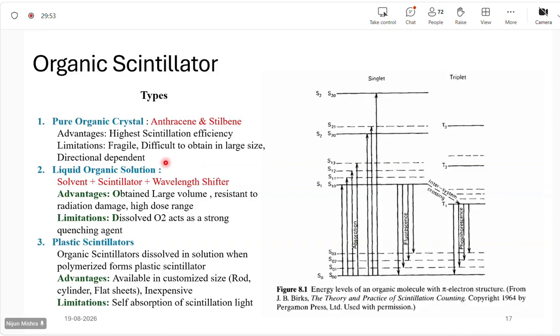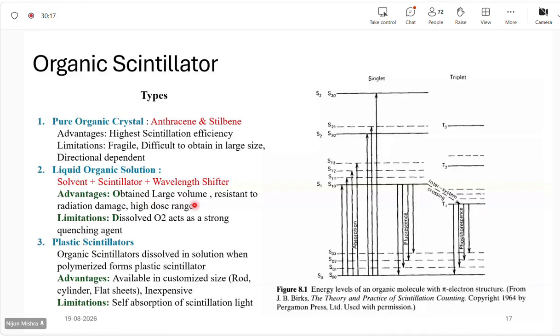Then come to the liquid organic solution. Normally in a liquid organic scintillator, there should be a solvent like water or some organic solvent, then a scintillator, and then a wavelength shifter. The wavelength shifter mainly shifts the wavelength to the visible light region, so that our PMT can obtain the signal.